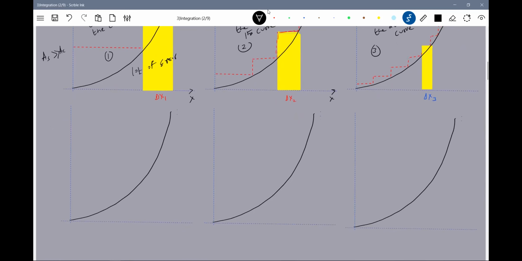Shall I decrease further that step, the width of the step? So how much you are going to decrease, sir? I'm going to decrease it to a certain small value.